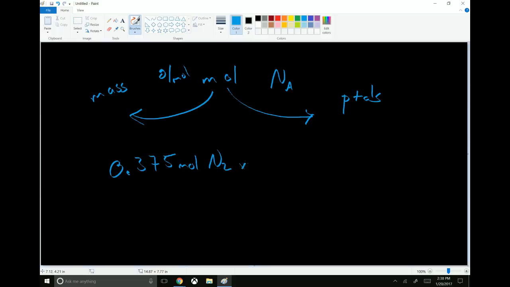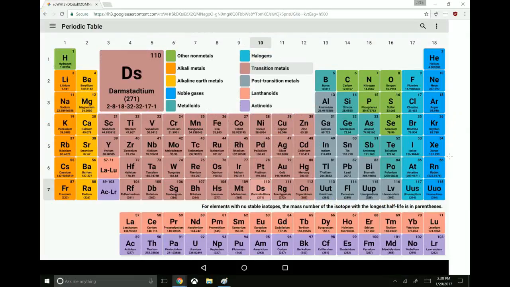Okay. Well, you're going to need the molar mass. And remember, where you're going to is what goes on top. So grams of nitrogen. All right. So the molar mass of nitrogen, well, you see the atomic mass of nitrogen is 14.01.